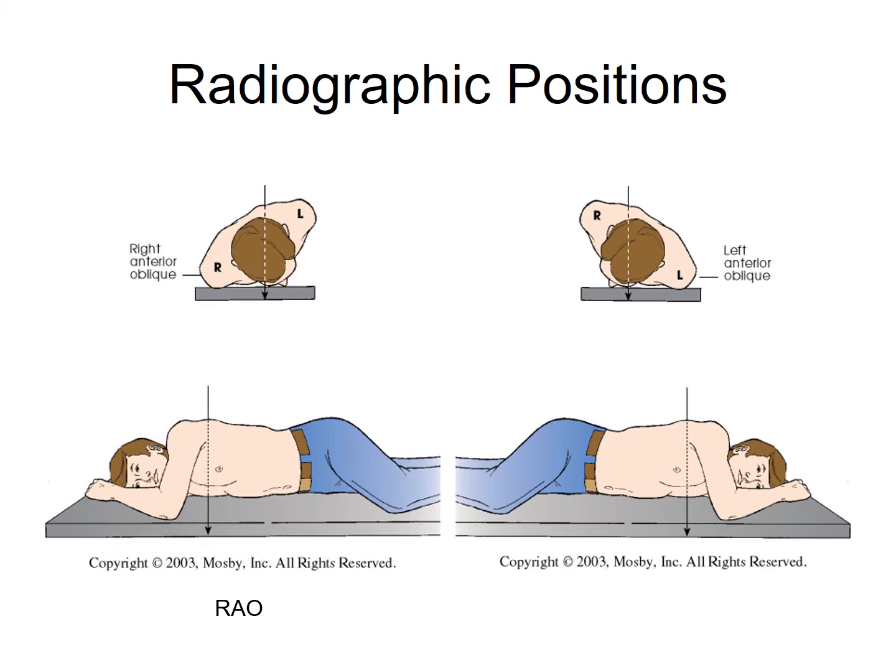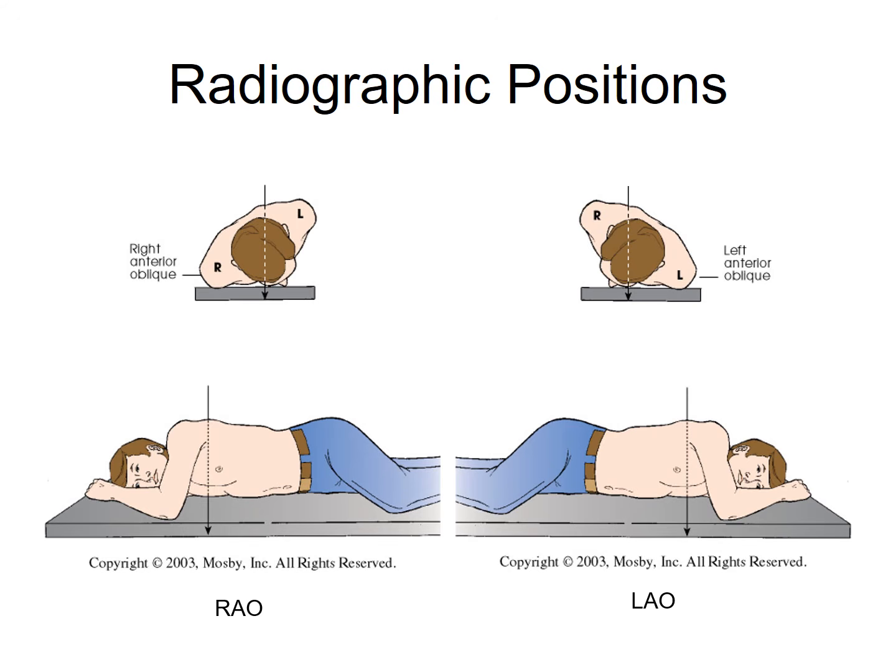Now take a look at this picture, and try to determine what position this would be. Look at what side is against the table. Is the front or the back side against the table? Hopefully you came up with LAO, left anterior oblique. The left side is against the table, the front or anterior side is against the table, and they're not lying flat, so it's an oblique.